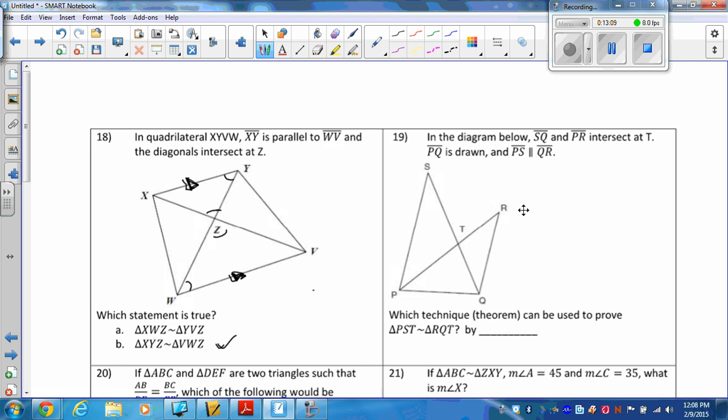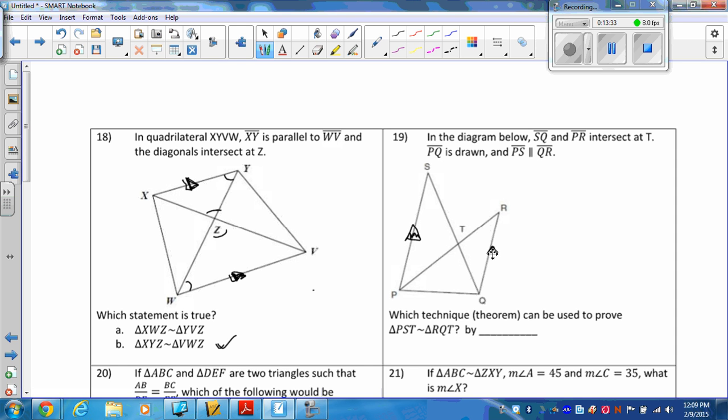Number 19. In the diagram below, SQ and PR intersect at T. PQ is drawn and PS is parallel to QR. So there's my parallel markings.